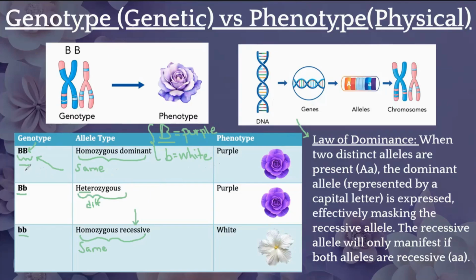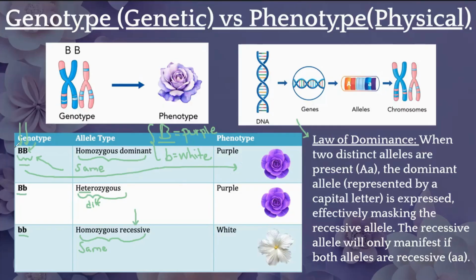So the phenotypic feature is purple. Please note that these alleles, why we have two of them, by the way, is because you receive one from one parent and another one from another parent. That's why there's two. But in this case, we have the genotype, which is the genetic makeup, which makes the two capital letters, which are homozygous, meaning same.